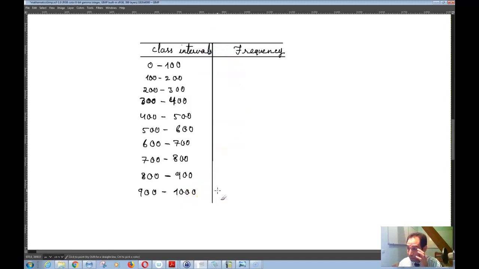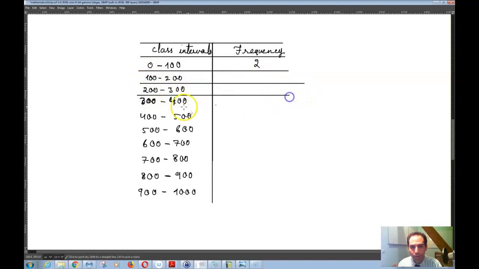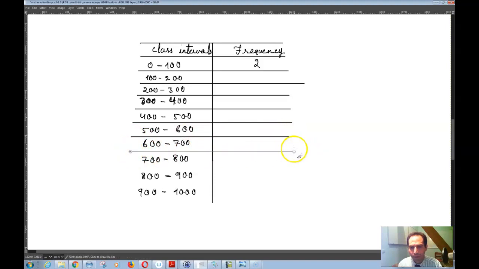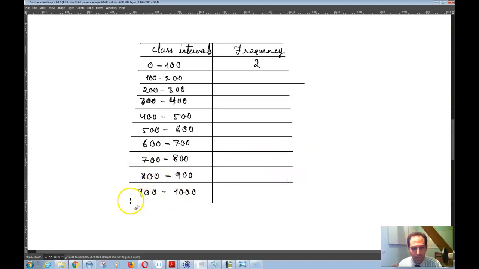Now, the frequencies related to these are 2, 5, x, 12, 17, 20, y, 9, 7, 4.